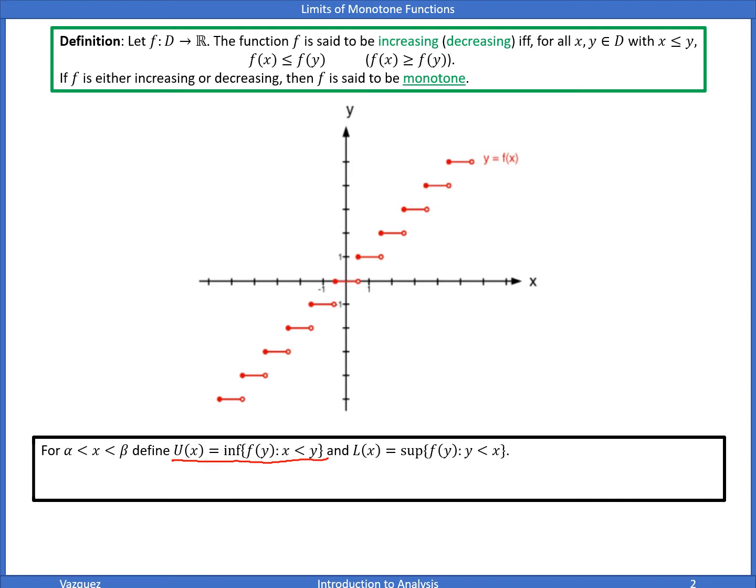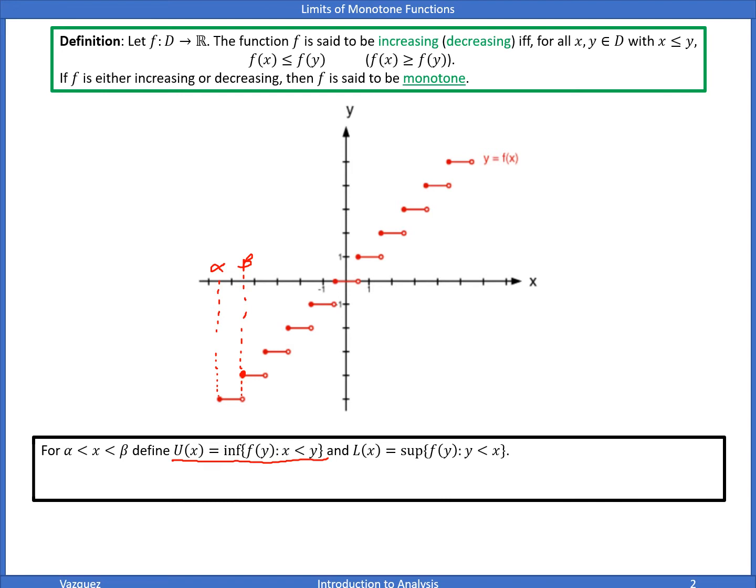So for example, let's say this one here is our alpha, and this here is our beta. Let's not include this point. So U of x is the infimum of f of y such that x is less than y.